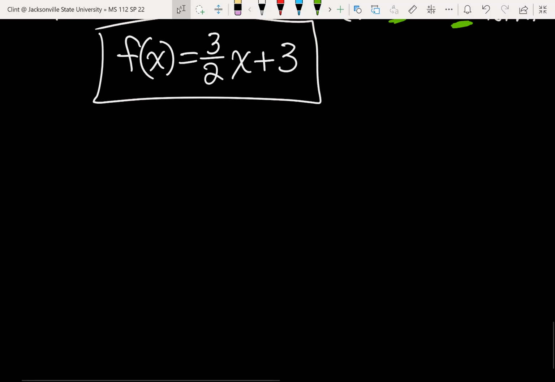So one more way we need to deal with these. That's if they just give us a graph.